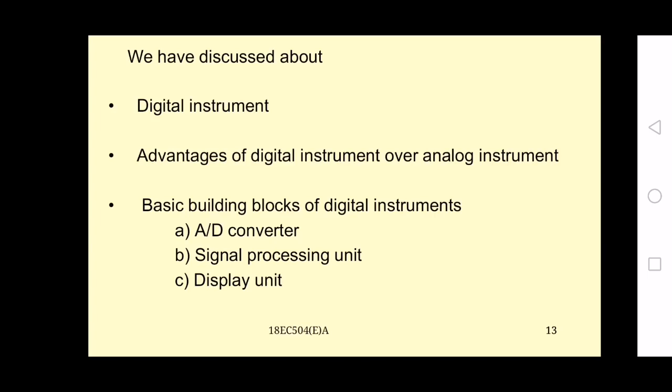The output is in digital form, can be directly recorded, and is suitable for further processing. Due to the digital display, human reading errors, parallax errors and interpolation errors are reduced, and it has a very high input range with automatic range selection and overload indication.